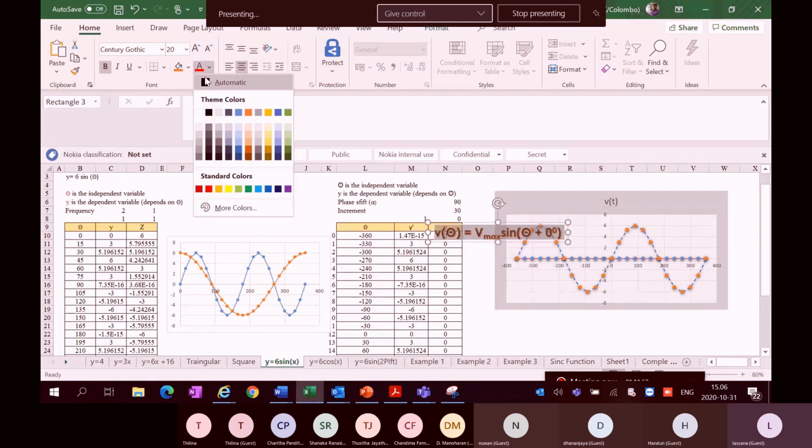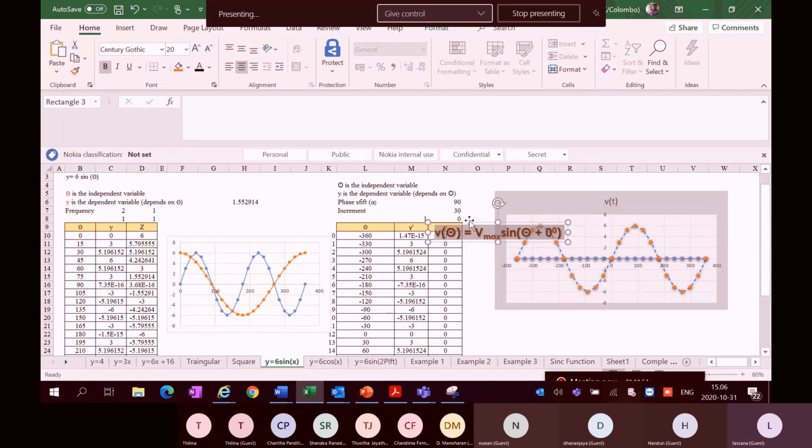But in this case, the phase angle is 0. Phase angle 0 means this is the normal sine wave. And in this case, Vmax means 6.